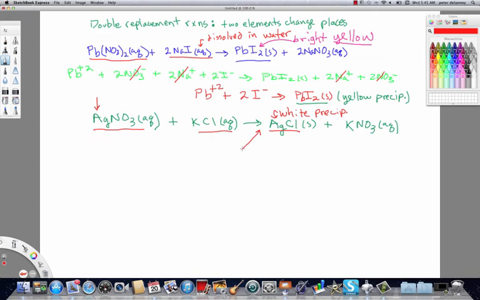In other words, if we know what the solid is, then we can do the net ionic equation directly, because the net ionic equation only involves the ions that are involved in forming the solid. So this would be the net ionic equation. And to emphasize again, this is a very obvious, can't miss it, in your face, white precipitate.